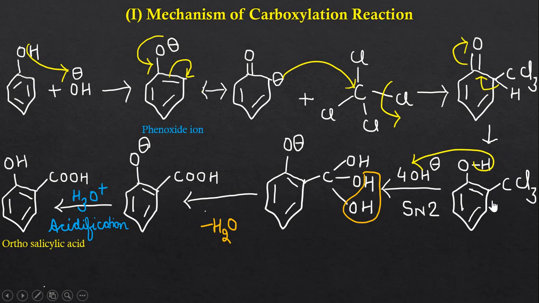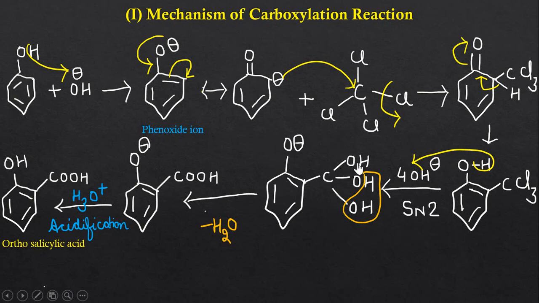species. Now what happens, the four molecules of hydroxide ion will remove this acidic proton first, and then these three chlorine atoms are replaced by the three OH groups by SN2 mechanism, and we will get this intermediate.